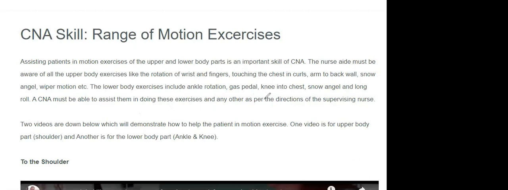A CNA must be able to assist them in doing these exercises and any others as per the directions of the supervising nurse. Two videos are down below which will demonstrate how to help the patient in motion exercise. One video is for the upper body part, shoulder, and another is for the lower body part, ankle and knee.